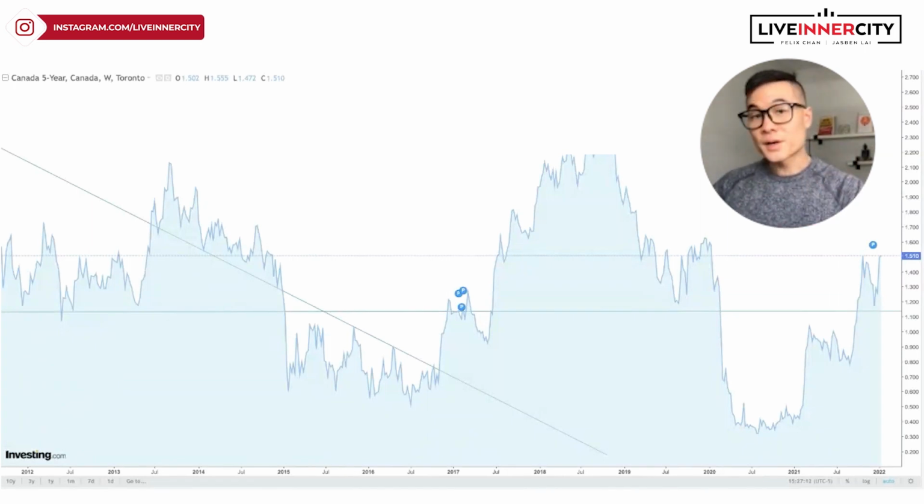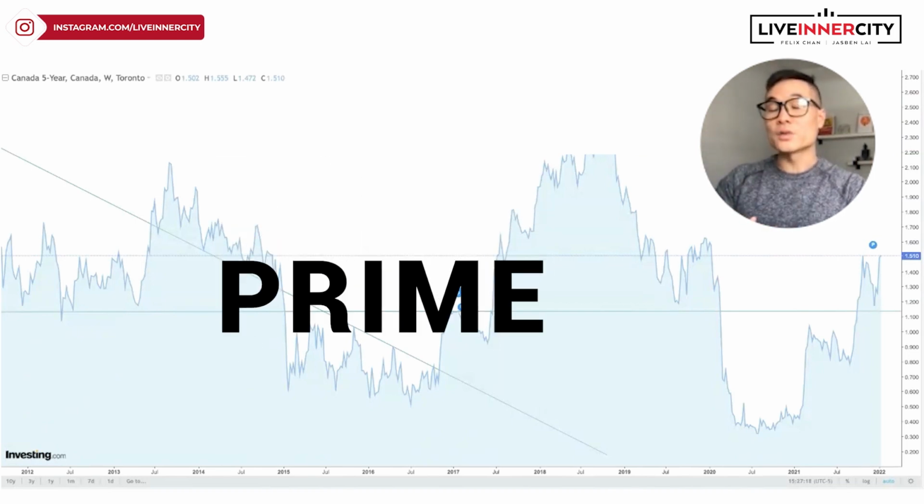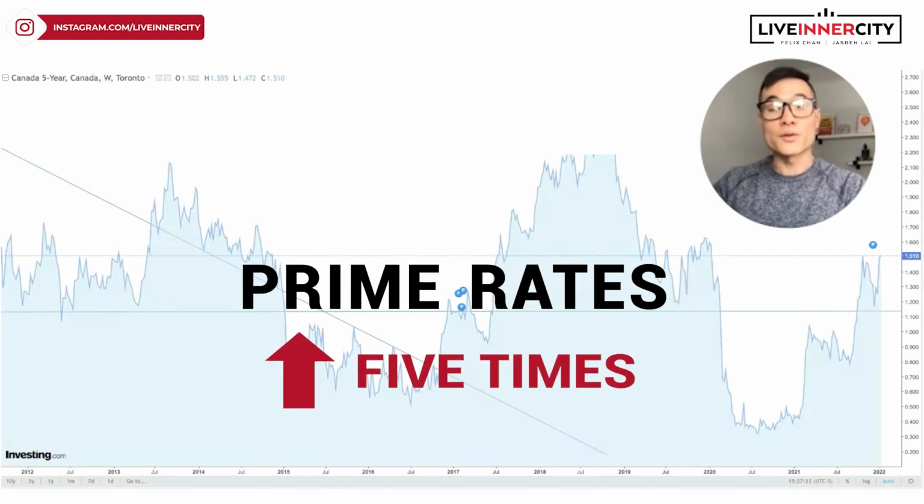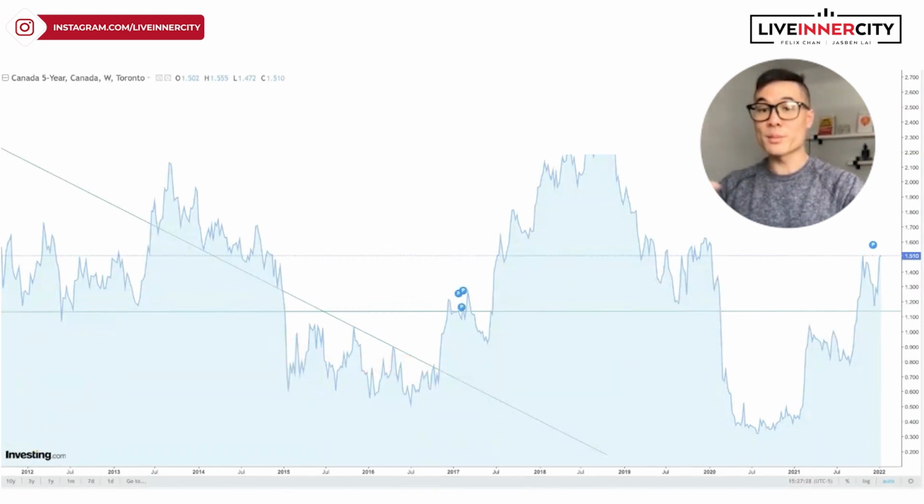So with a difference of 1.24%, that means that the prime rate would basically have to go up 5 times for you to break even to what you would be paying at a fixed rate today. Okay, remember, 5-year fixed rate is 2.89%. The variable rate is 1.65%, a difference of 1.24.